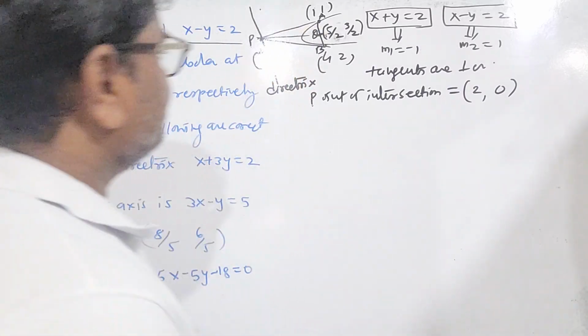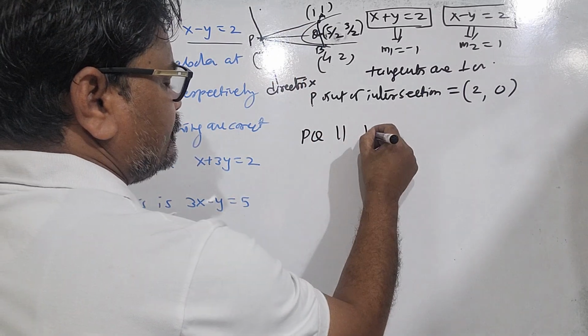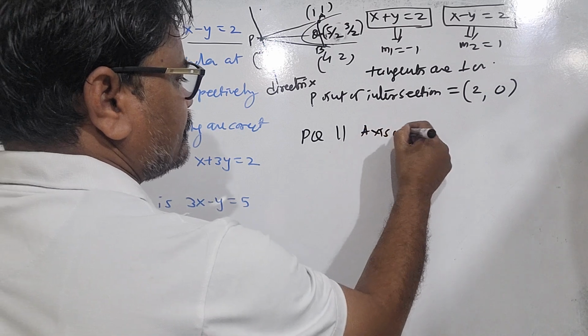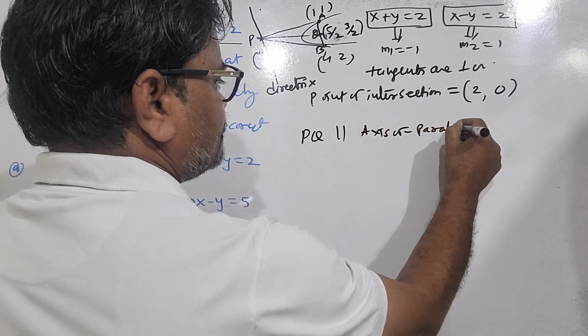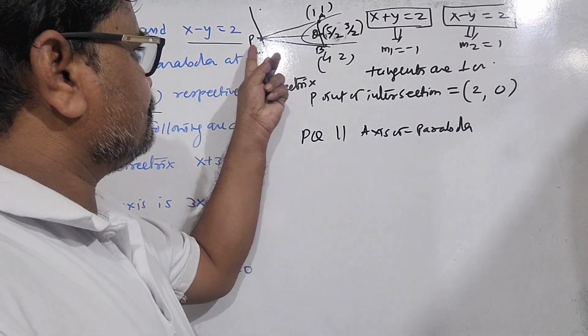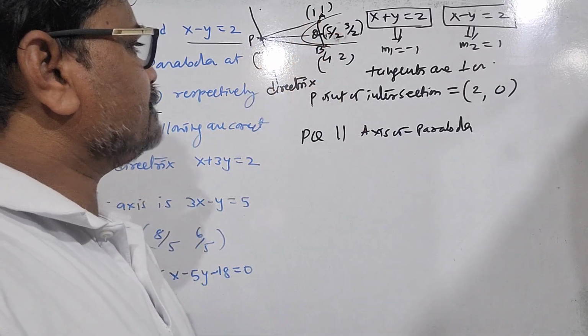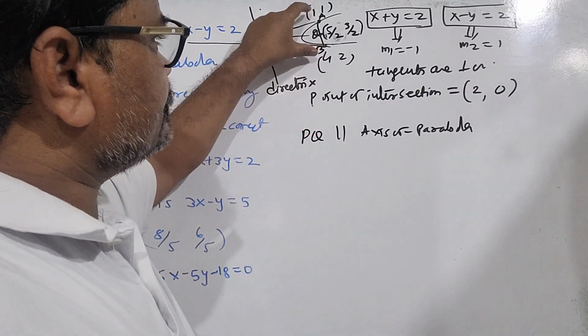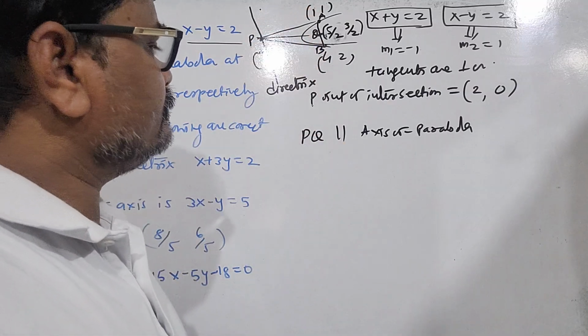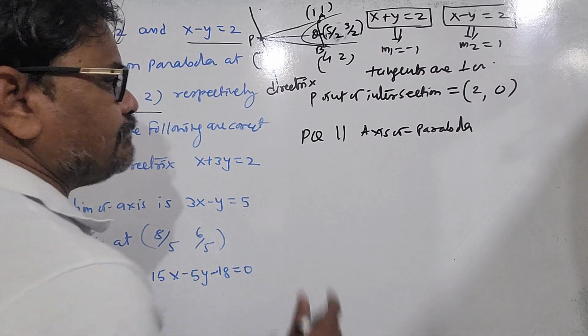This is the property of the parabola: PQ, where P is the point of intersection of the tangents and Q is the midpoint of the segment joining (1, 1) and (4, 2), is parallel to the axis of the parabola.